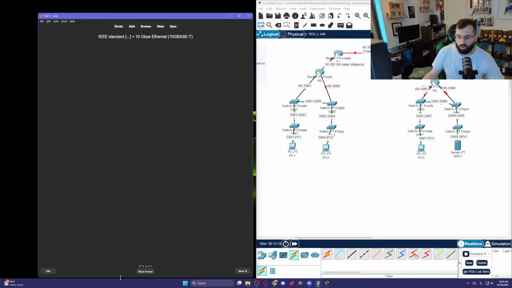Okay, IEEE standard for 10 gigabit Ethernet is 802.3ae. Dang. Those are hard.